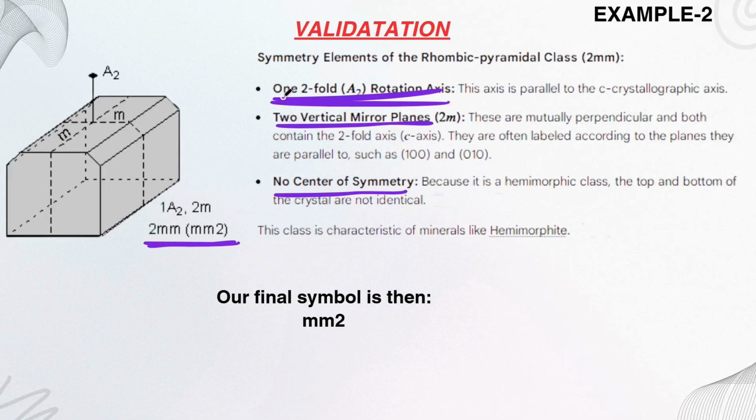So here there is only one twofold symmetry, present along the c-axis, and two vertical mirror planes perpendicular to A and B. Also there is no center of symmetry. You can see why: this pyramidal face does not allow a center of symmetry. So we can simply write mm2.